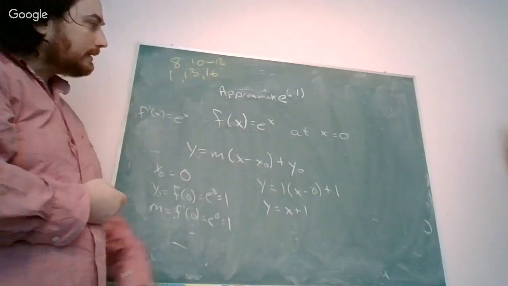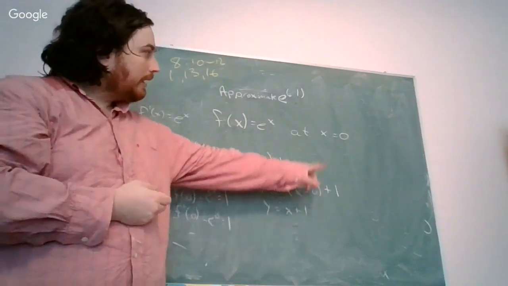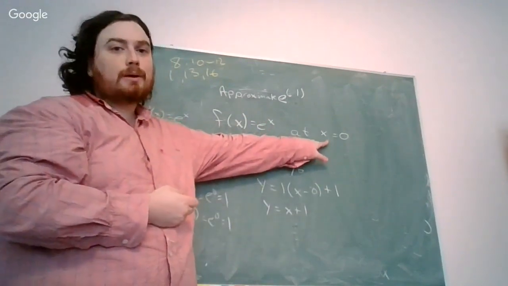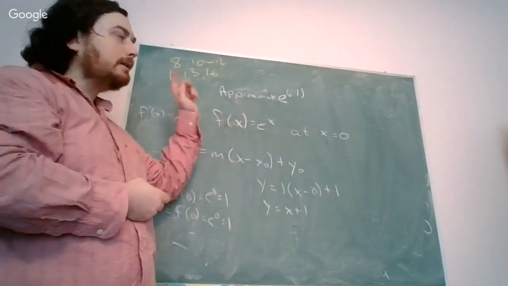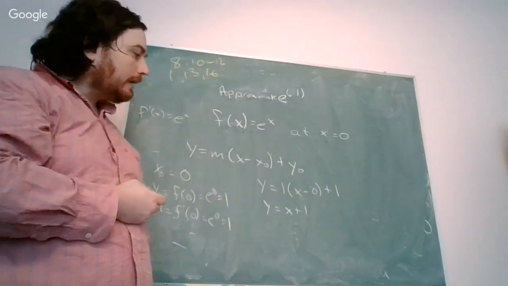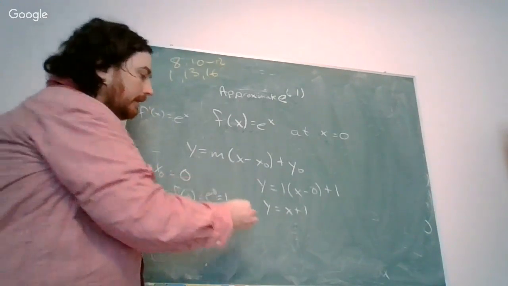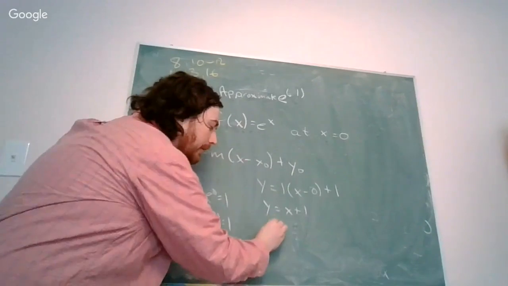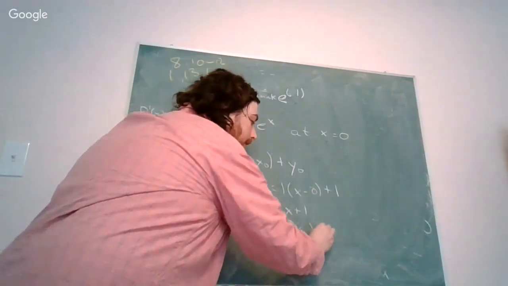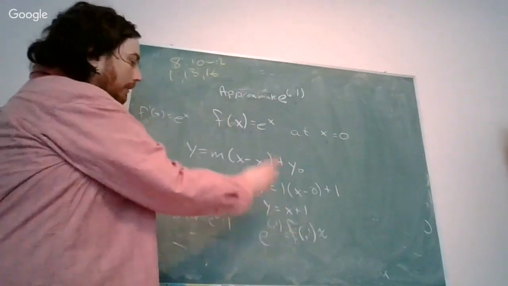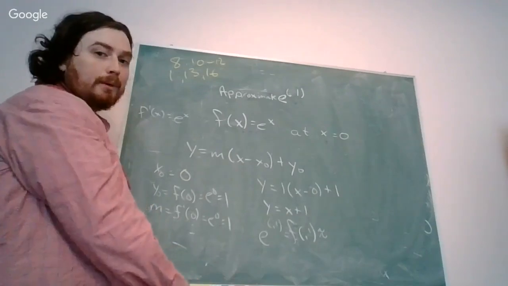What we just got done saying was that this function is approximately x plus 1 as long as x is close to 0. Now, is 0.1 close to 0? Well, I guess that's up to you, but I think it's close enough that we can at least get a decent approximation. So what we're going to say here is that e to the 0.1 is equal to my function value at 0.1, which is approximately equal to my linear function that I just came up with, or my tangent line, at 0.1.